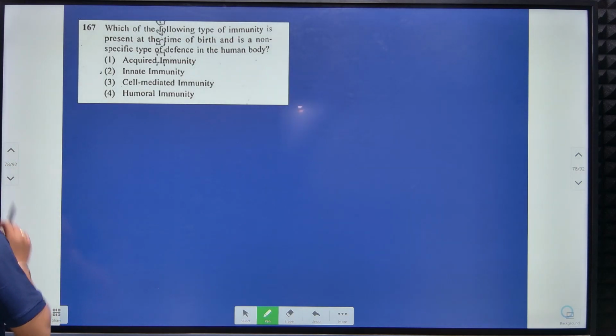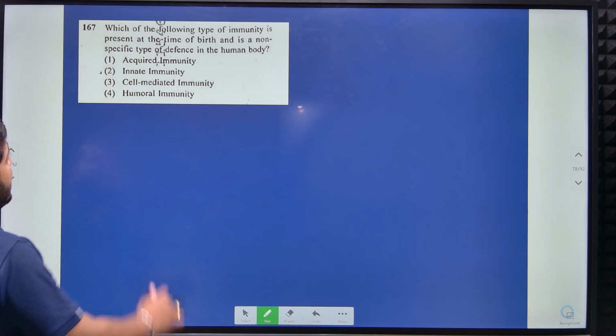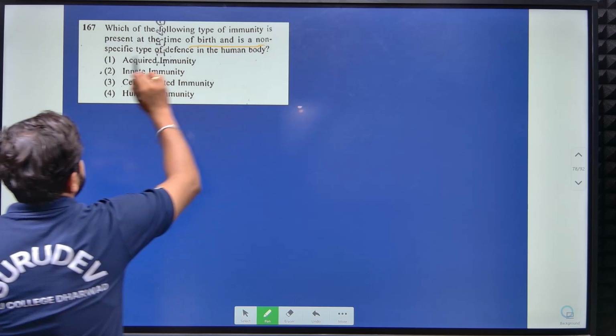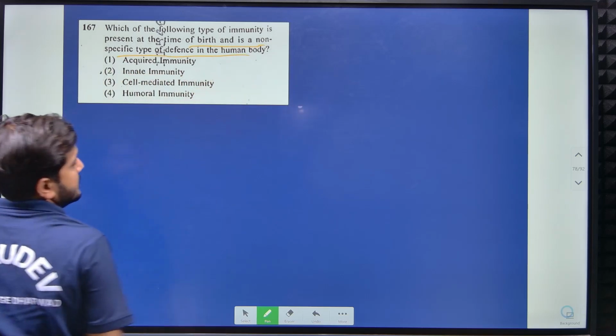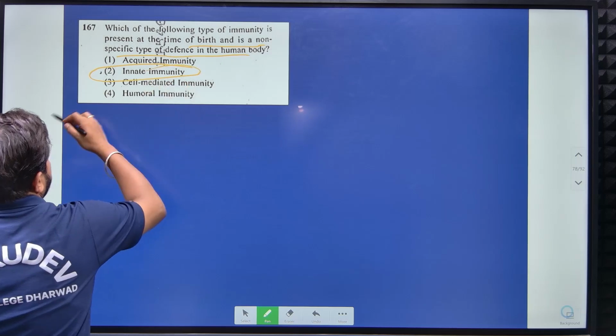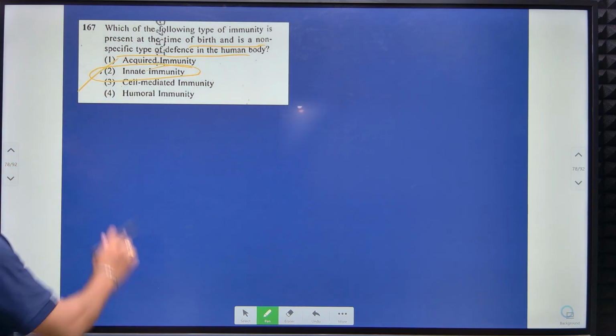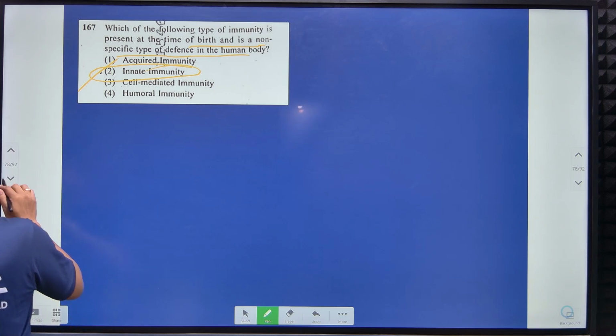Moving on to the next: which of the following types of immunity is present at the time of birth and is a non-specific type of defense in the human body? Direct question, that is innate immunity. Inborn immunity itself is called innate immunity, right? So here option 2 is correct, right?